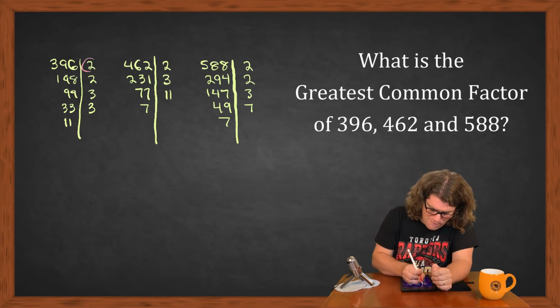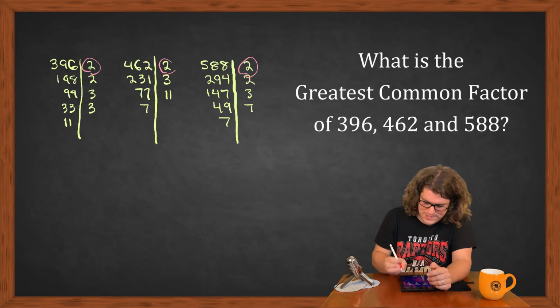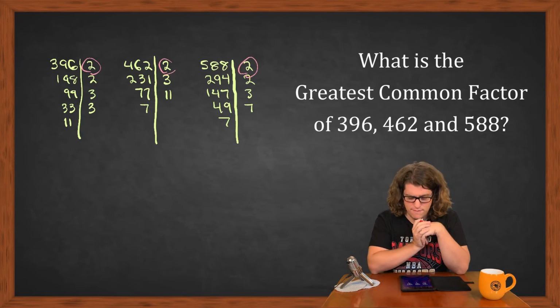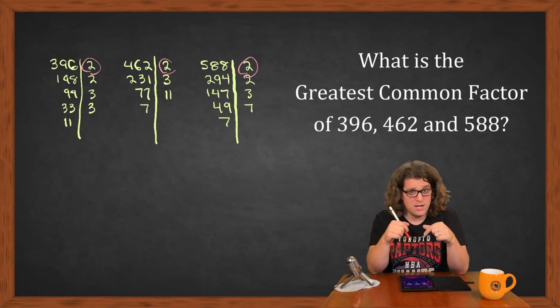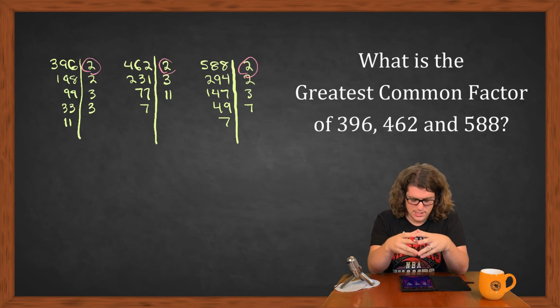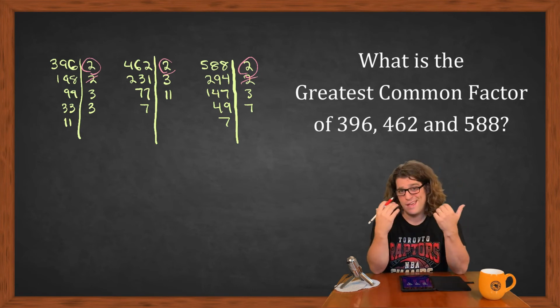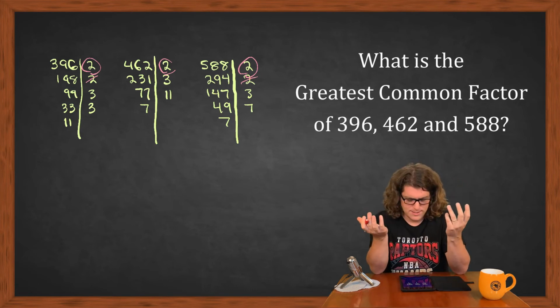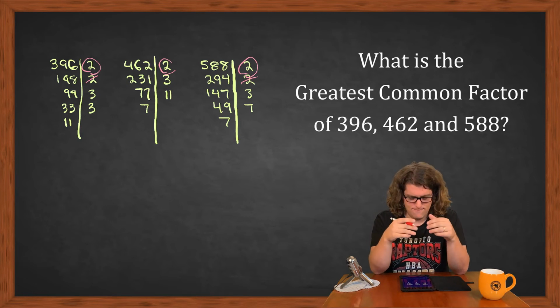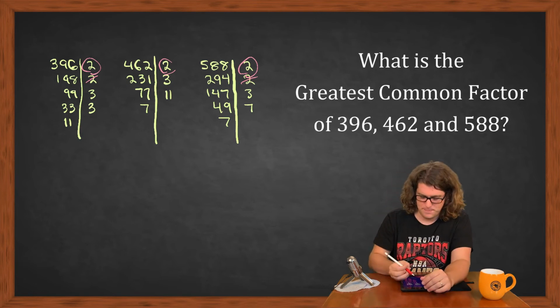So all of them have a 2. So there I'm safe to take a 2 from all 3 of these. The middle number, the 462, does not have another 2. So I can't use the 2 basically from either of the outside ones. You don't have to cross them off, but I'm just going to remind myself that I've talked about them.